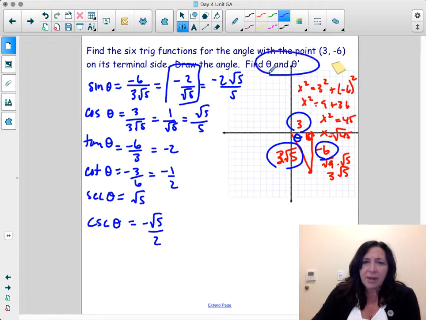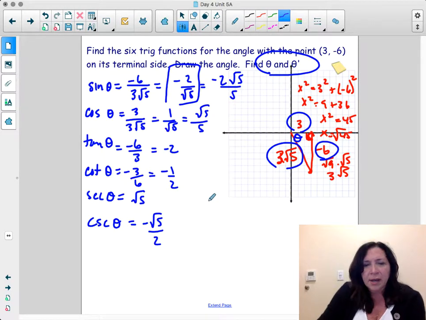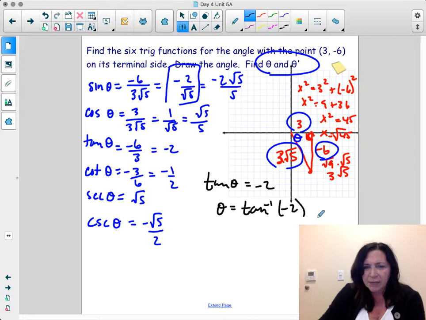Now I have to find theta and my reference angle. So pick one. I'm going to pick tangent. So what I know is this. I know tangent of theta is equal to -2. Get tangent on the other side. So theta is equal to arc tangent of -2.